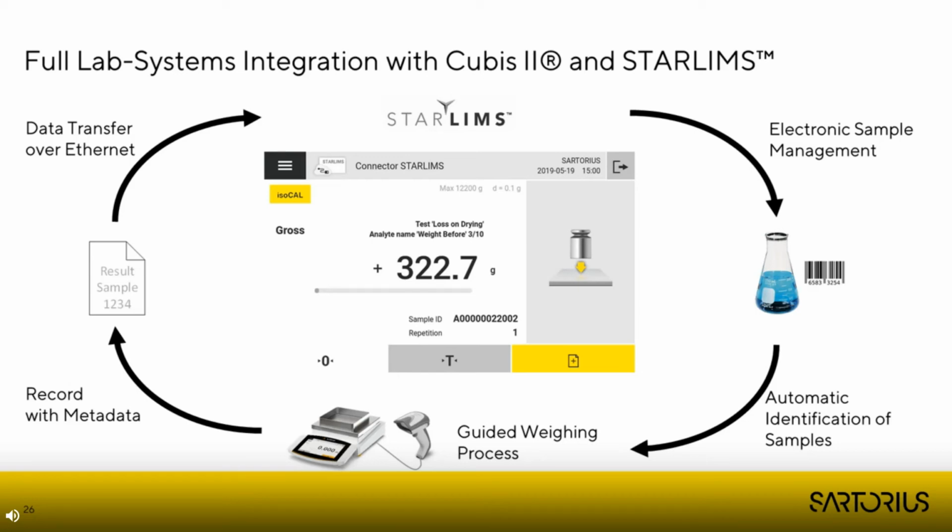The user is then guided step by step through the weighing process, and all relevant sample information is displayed on the screen. And at the end, the results are transferred back to the LIMS together with all the required metadata.